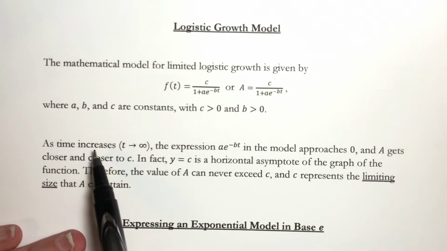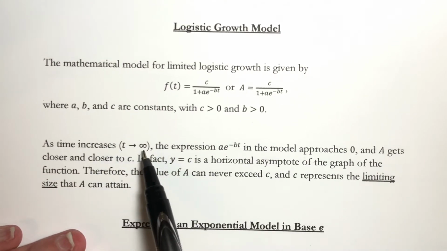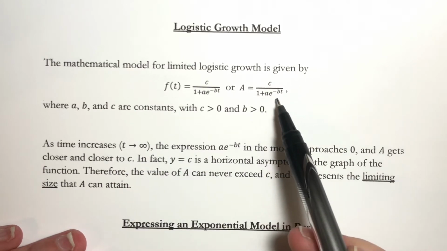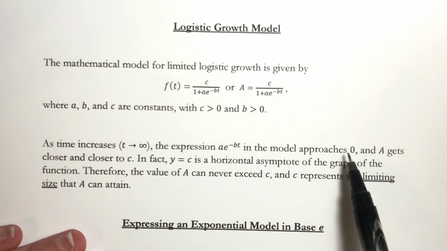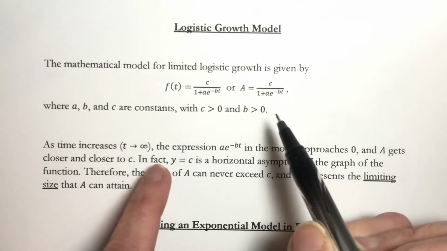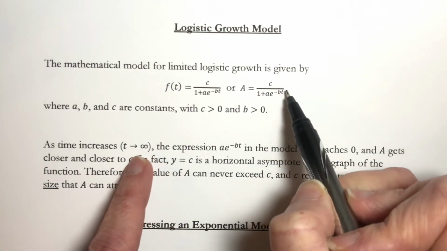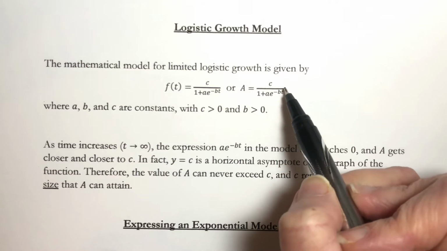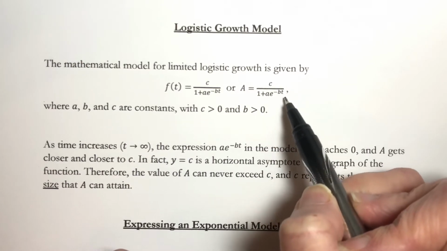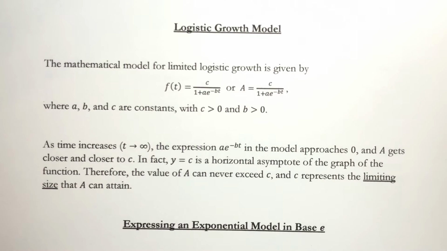Now, if you look at this, as time increases, so as we get larger and larger times, this part, A e to the negative bt, approaches 0. And that's because, remember, if it's a negative exponent, it's taking this value A e to the bt and moving it into the denominator. And if the denominator is getting larger and larger, then your fraction is getting smaller and smaller.